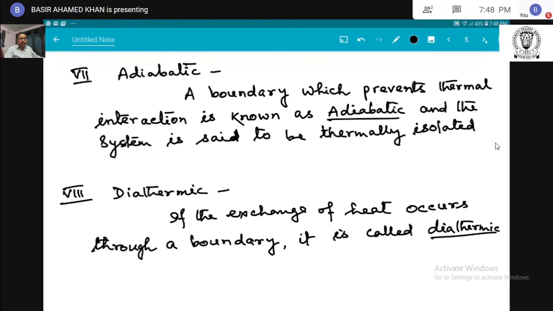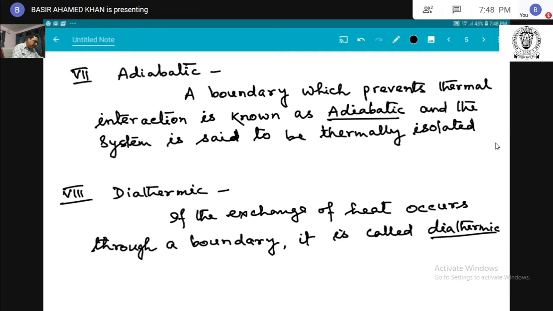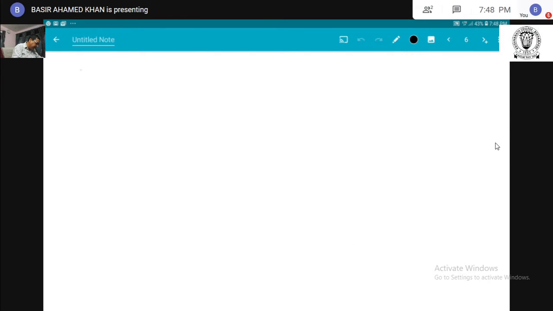Now, the thermodynamic variable, its classification.